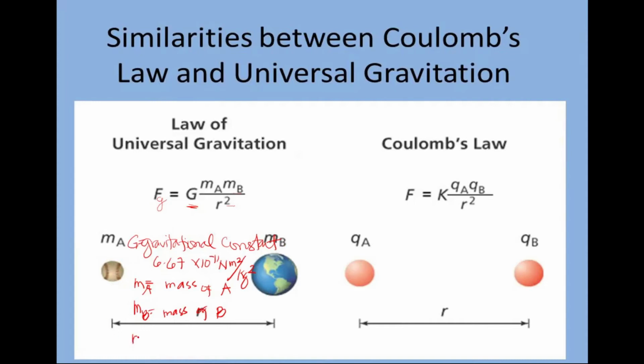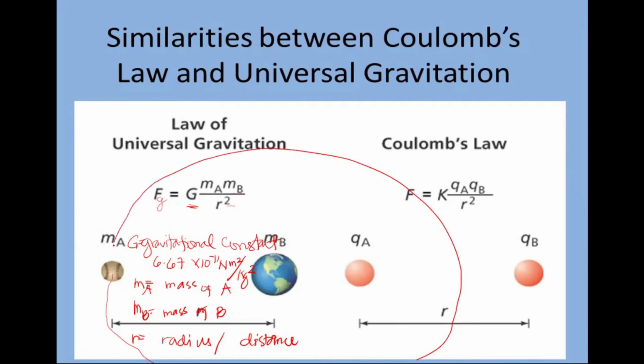And R stands for the radius, or it refers to the distance. Most of the time, we refer to it as radius because if we picture the law of universal gravitation, it is the Moon that orbits the Earth.